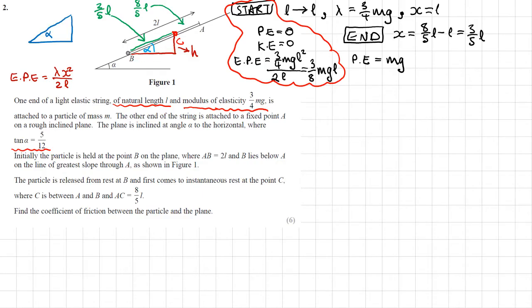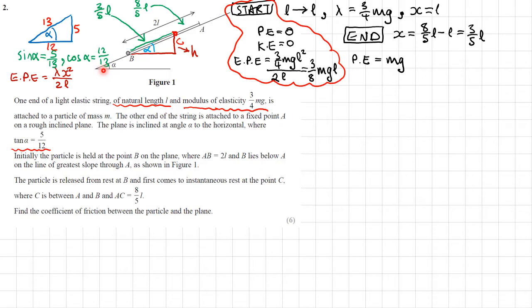Now, since I've been given the tan of the angle as 5/12, I don't work out the angle. I use a right angle triangle to help me work out this length h here. We're told that the tan of the angle is 5/12, so opposite over adjacent. That means that this side is 13. So that gives us sine alpha is 5/13, cos alpha is 12/13.